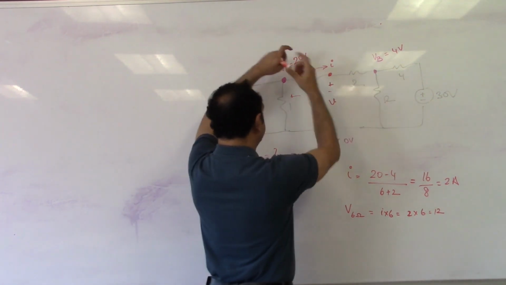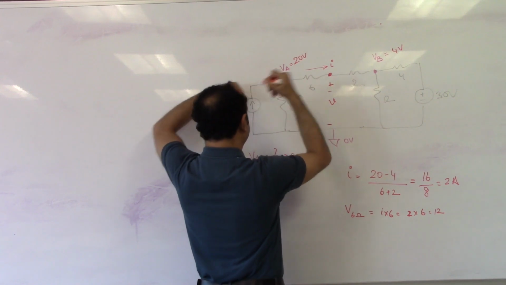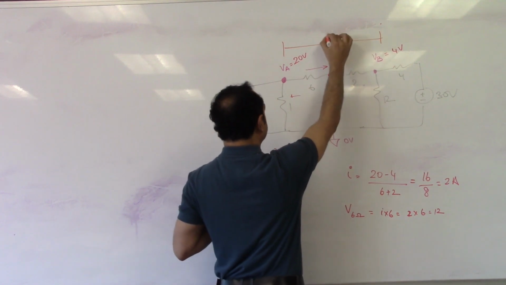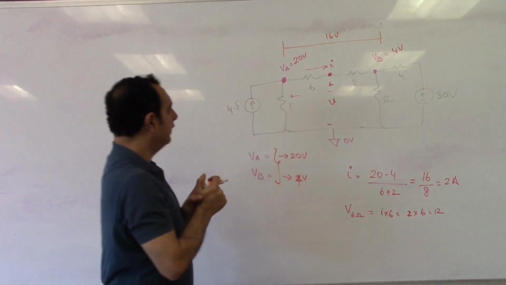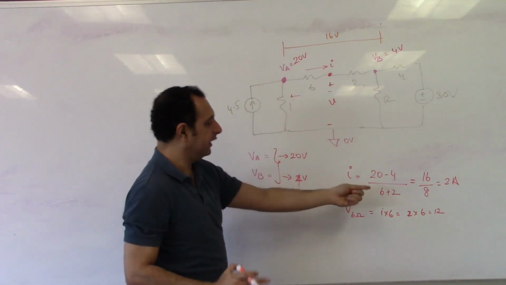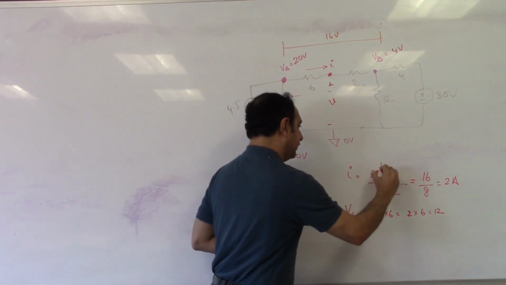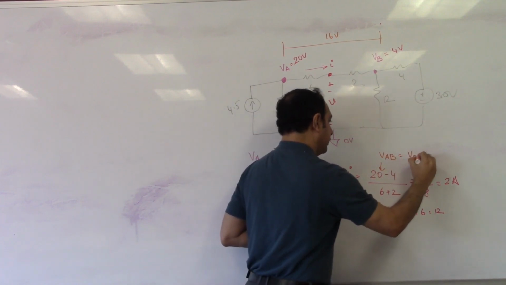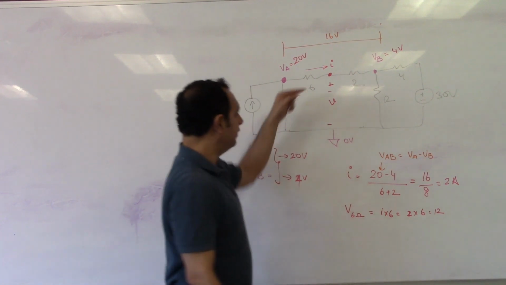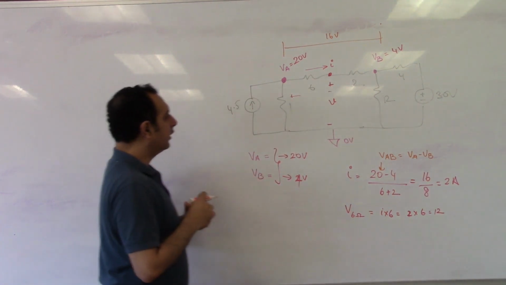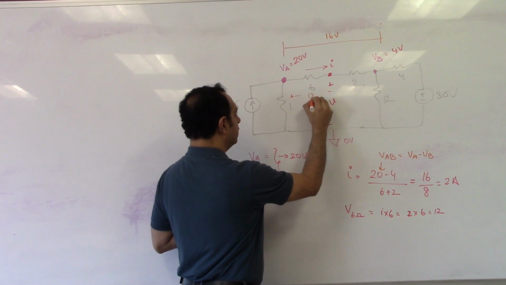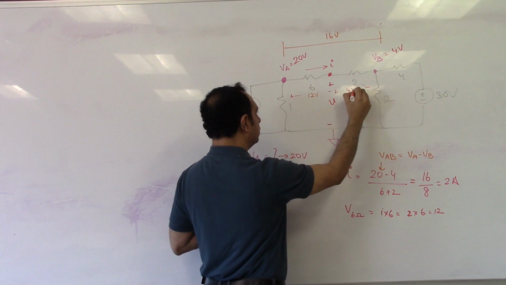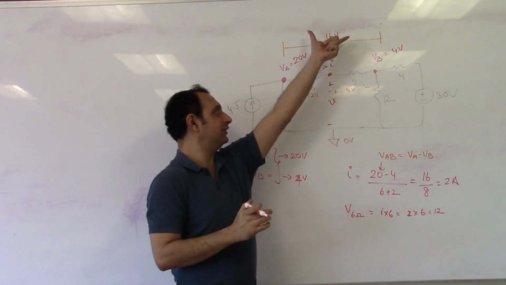The difference between this point and this point is totally equal to 16 volts. That's the total difference, delta V, or VAB, which is nothing but VA minus VB, because we assume the current to be flowing like that. So if this is 12 volts, obviously this has to be the other 4 volts. That's how it adds up to the whole 16.